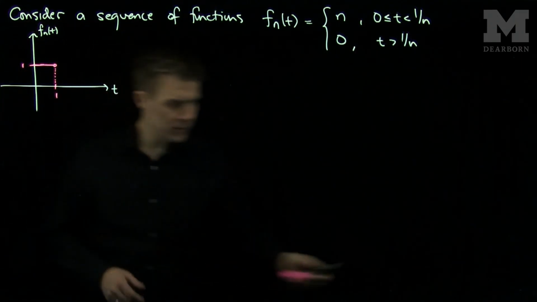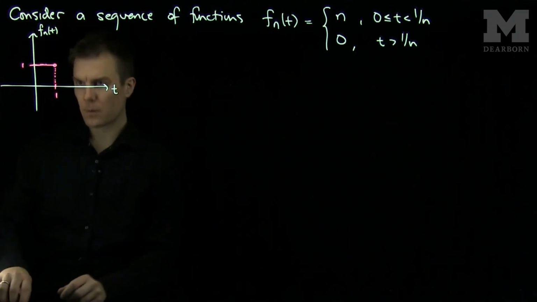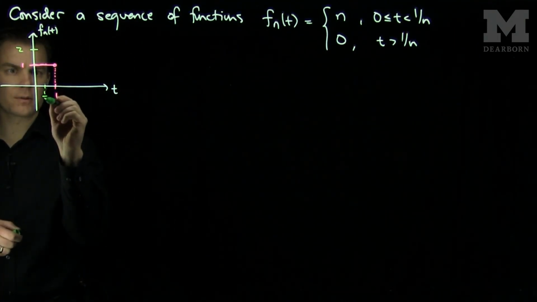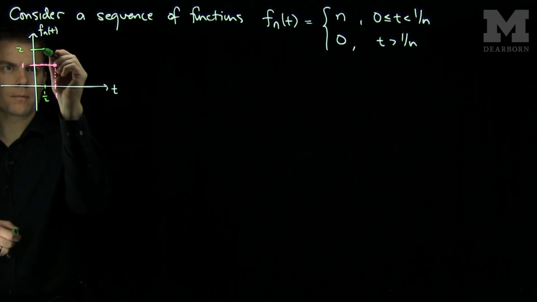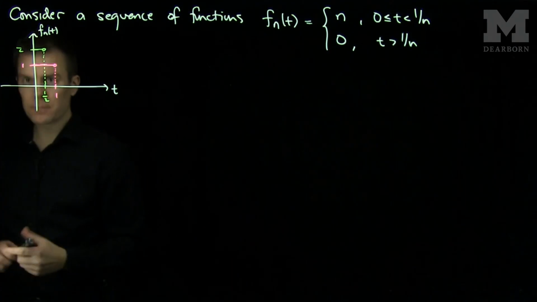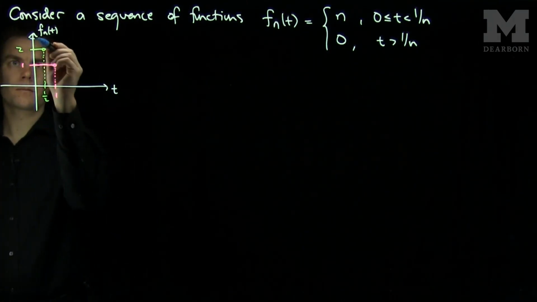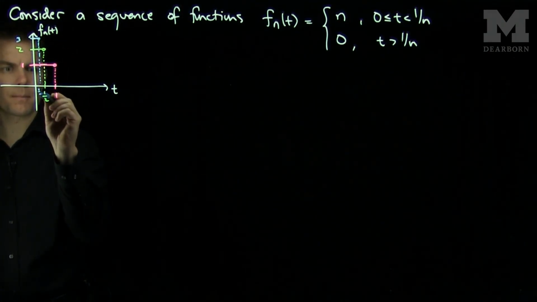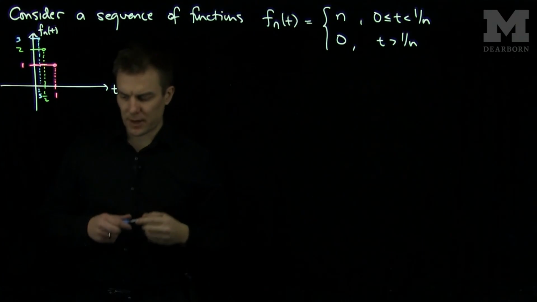The function f2 would be 2 for half a unit of time. And the function f3 would be 3 for a third of a unit of time. And then it would be 0 for all other times.